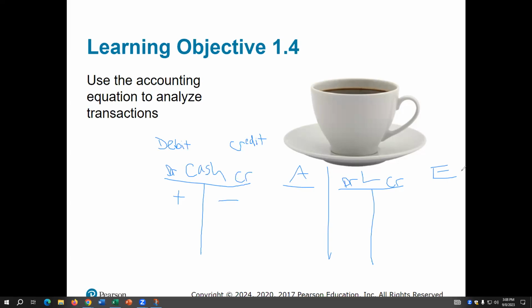So to increase a liability account, we credit it, and to decrease a liability account, we debit it. Anything that's on the right-hand side of the accounting equation, a credit will increase it. And anything that's on the left-hand side of the accounting equation, aka assets, a debit will increase it. And that'll make more sense when we start actually writing out some journal entries.